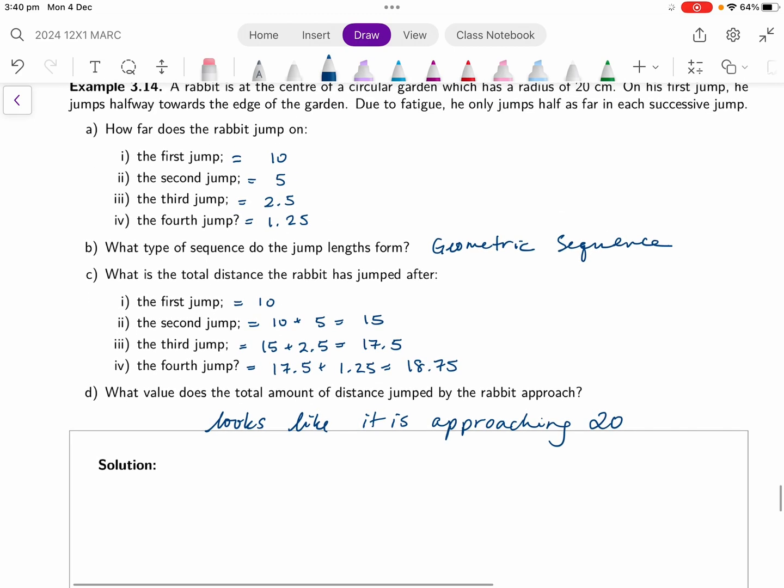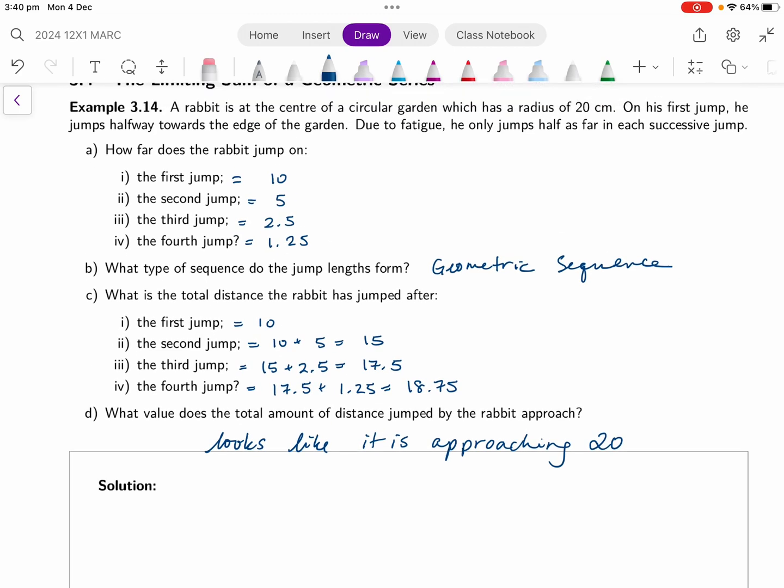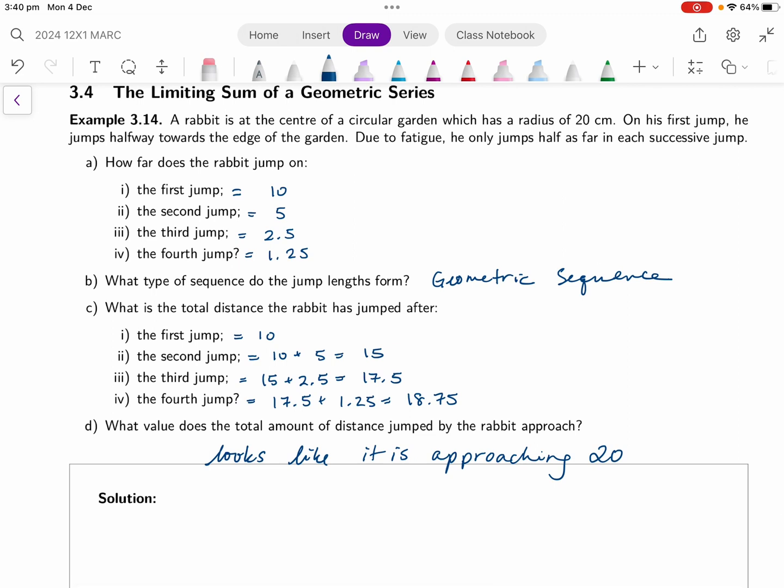So certainly this is showing you that the sum of this particular geometric sequence definitely has a limit.